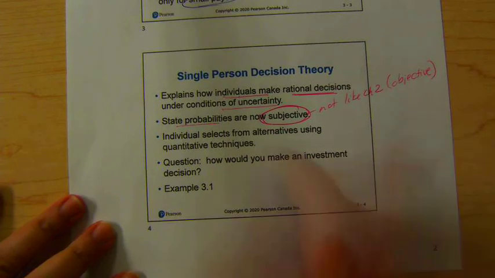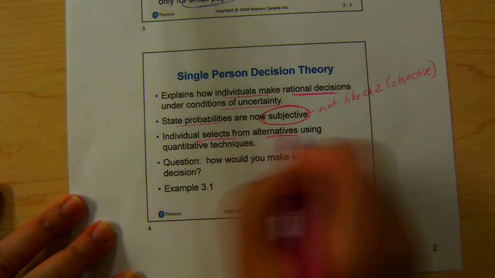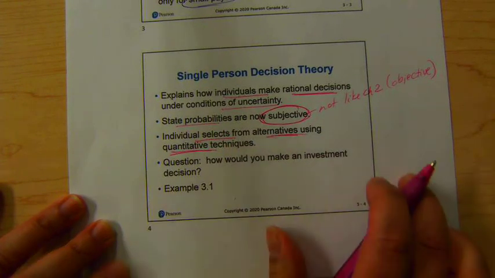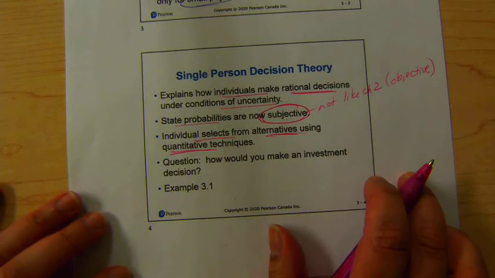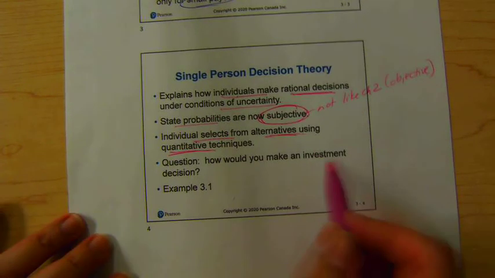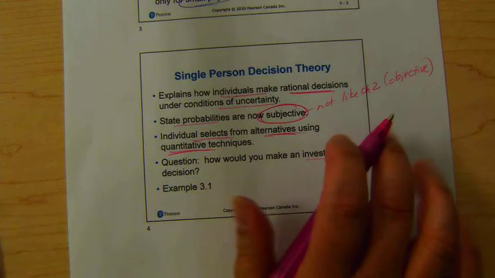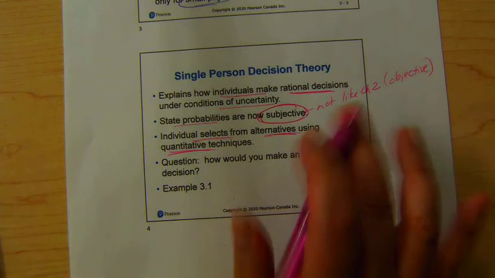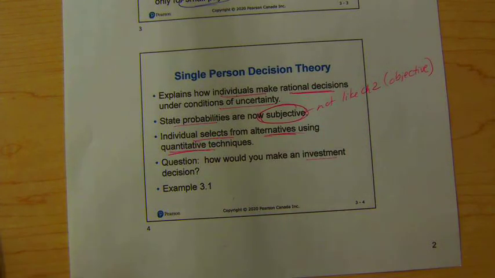So, individuals select from alternatives using quantitative techniques. And the question: how would you make an investment decision? An investment can include an investment in a car, in your job. So think of buying a car.